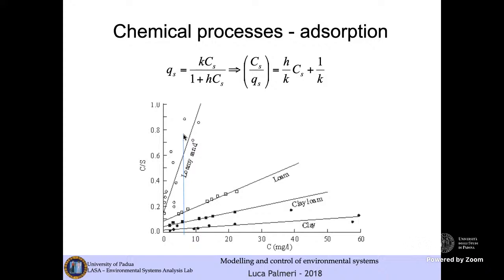Given a fixed concentration in the liquid phase, depending on the type of adsorbent, you will have a higher or lower concentration in the solid phase. In particular, C over S is the concentration in the liquid over the concentration in the solid phase.